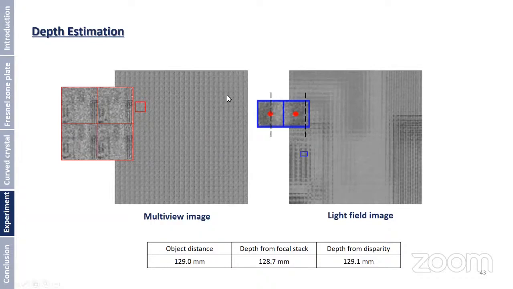This will lead to a poor quality of the multi-view images. So for us, it's more practical to measure the disparity directly in the light field image. In this way, the depth we obtained is about 129.1 millimeter. And this value is consistent with the results from the focal image stack and the experimental object distance.